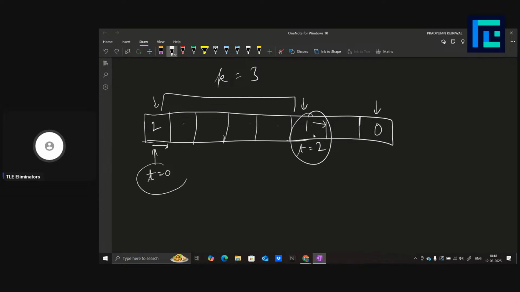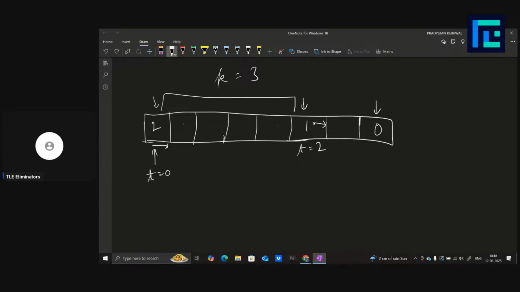If I am at t equal to 0 and I start here facing this direction, then next I will reach this light bulb facing this direction at t equal to 2. If the answer to this state is yes, that means I can escape from this state, and that means I can escape from this state also. So I have a recursion in terms of the states.